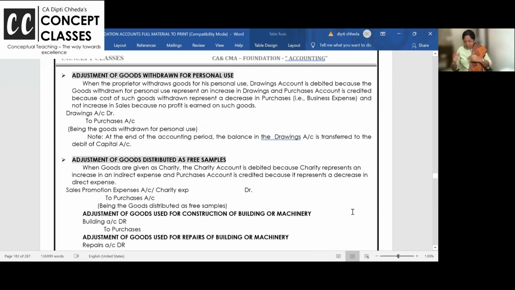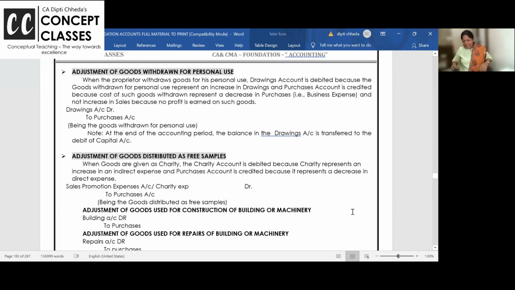Normal loss is absorbed in good units. Now these are all one-liner adjustments when goods are withdrawn by proprietor. Have we done this in the journal entries also? Answer is yes. Credit purchase, debit drawings.